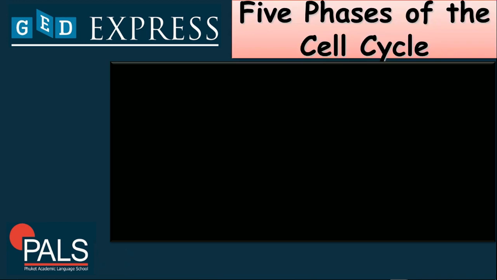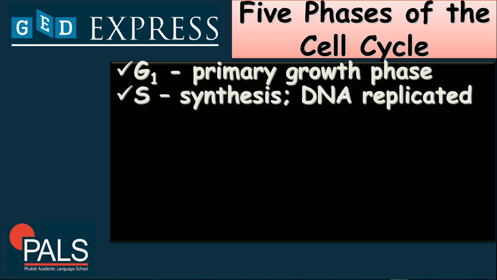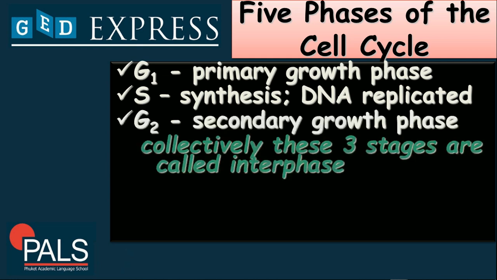Now, under the cell cycle, there are five phases. We have G1, which is known as the primary growth phase, and we have S for synthesis. This is where the DNA is being replicated. And for the G2 phase, this is the secondary growth phase, and collectively these three stages are called interphase.